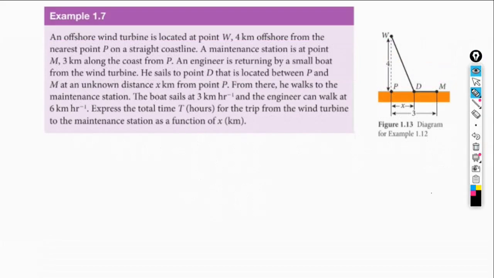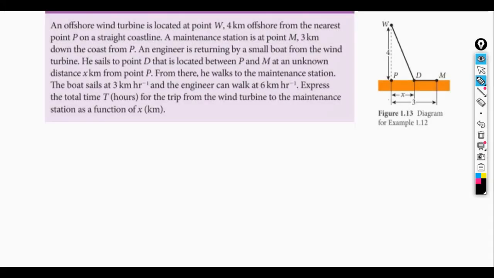We continue with example 1.7. It says, an offshore wind turbine is located at point W. So this is point W, 4 kilometers offshore from the nearest point P on a straight coastline. Because it's the nearest point, this has to be a right angle.